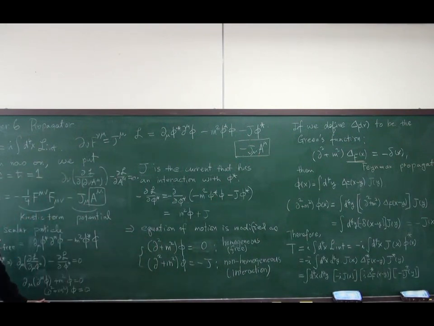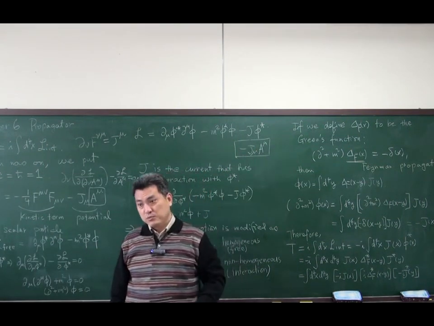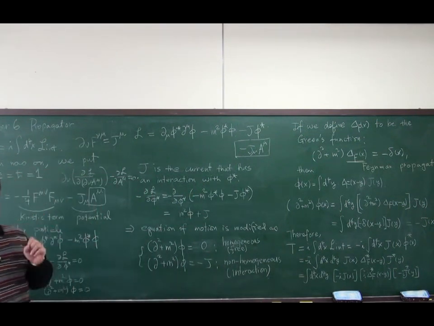Remember that in the previous derivation for the charged scalar field by making use of the gauge covariant derivative, this j was proportional to the derivative of phi multiplied by A mu, so that it becomes a Lorentz scalar.